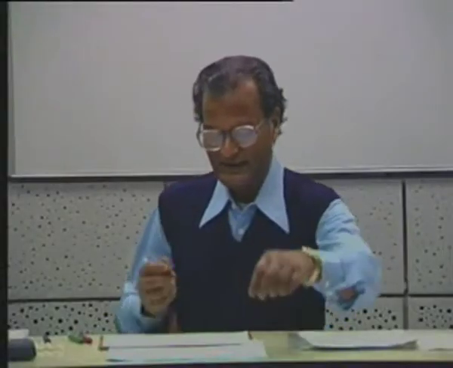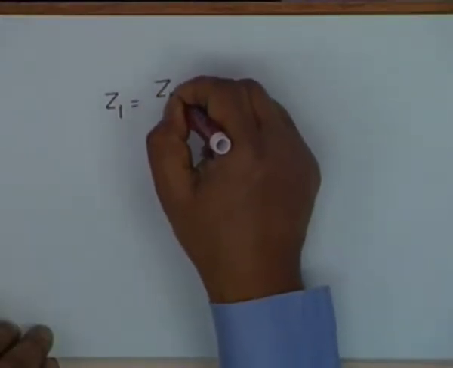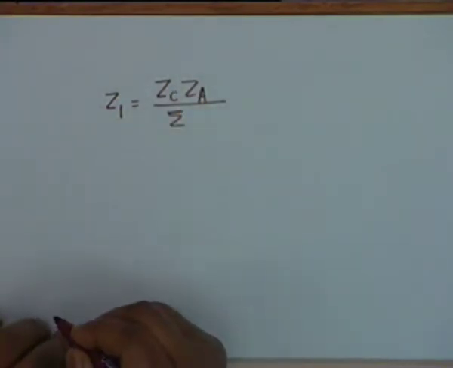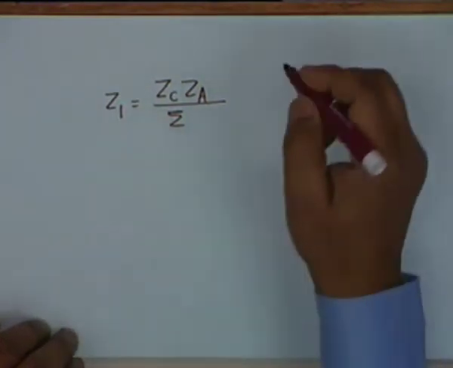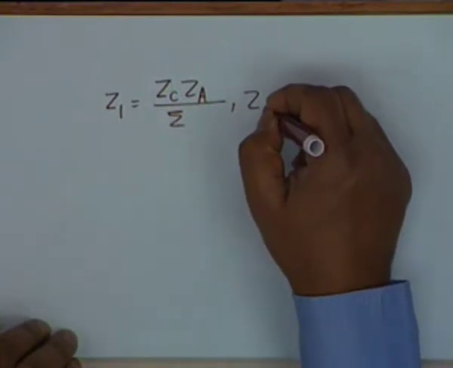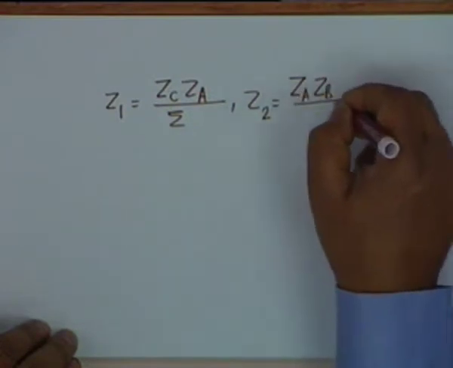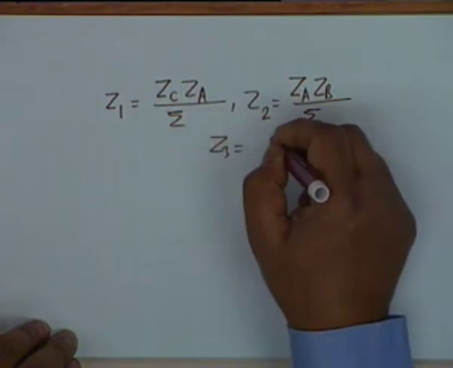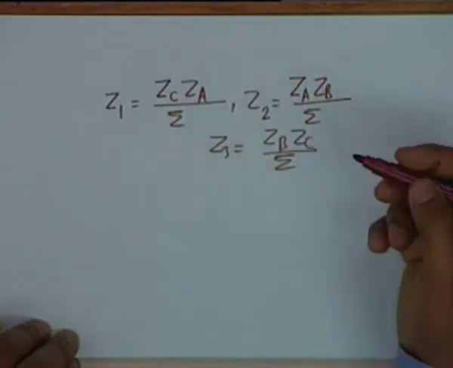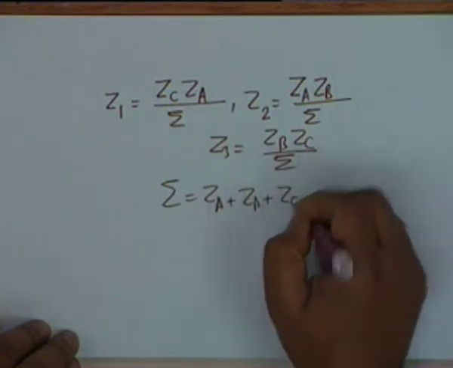The results are Z1 equal to ZC ZA divided by sigma, Z2 is ZA ZB over sigma, and Z3 is equal to ZB ZC over sigma, where sigma is the sum of the three, that is sigma equal to ZA plus ZB plus ZC.